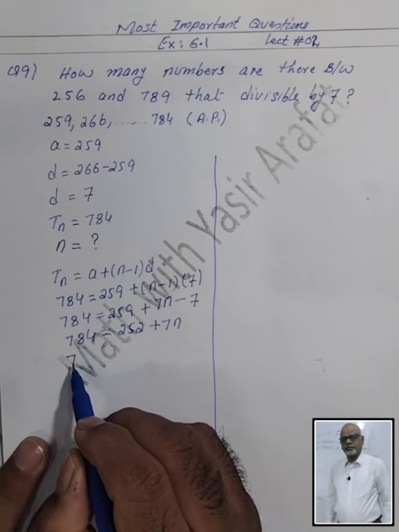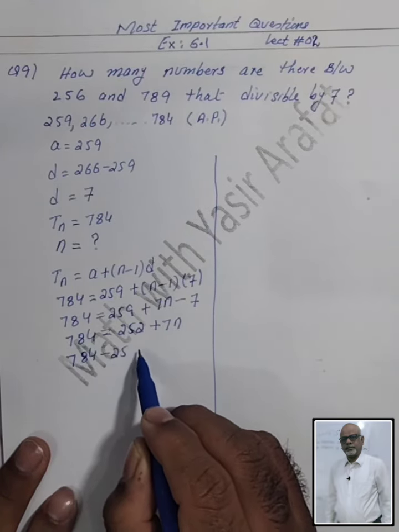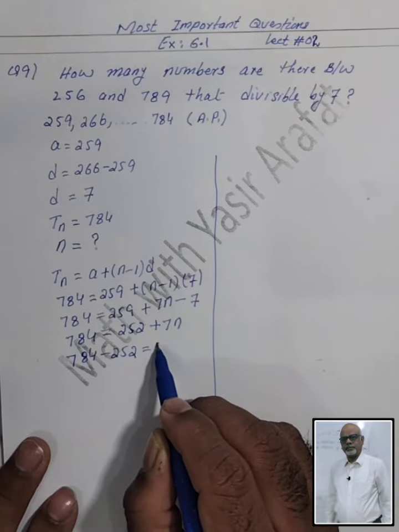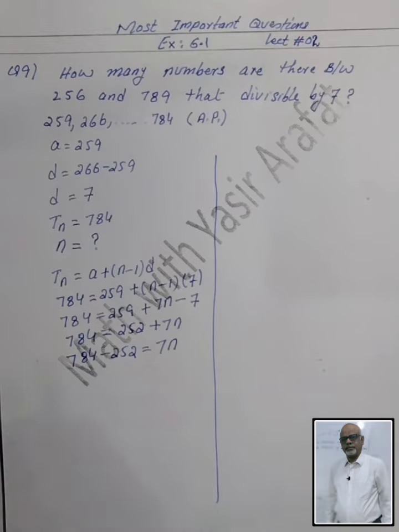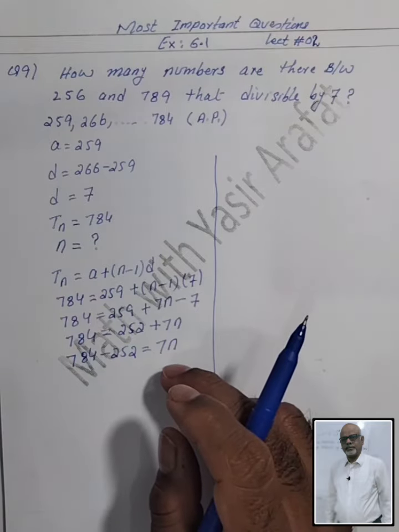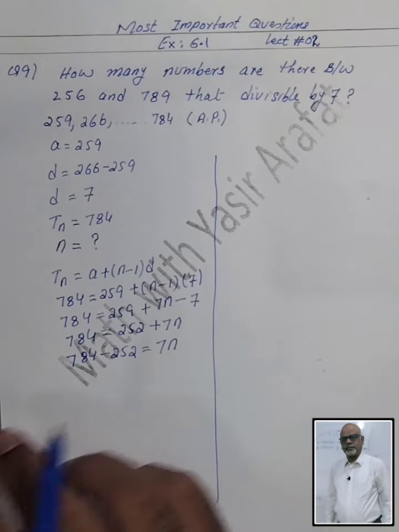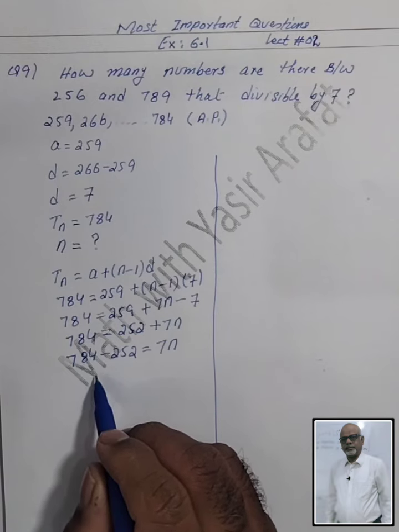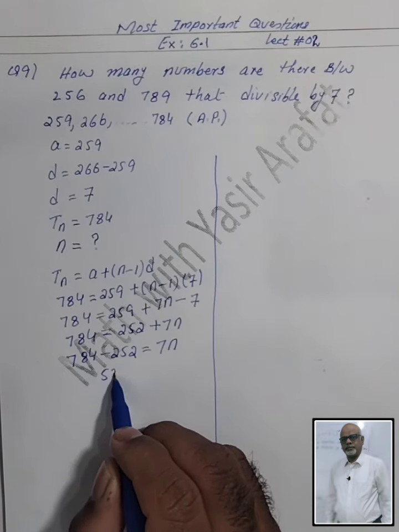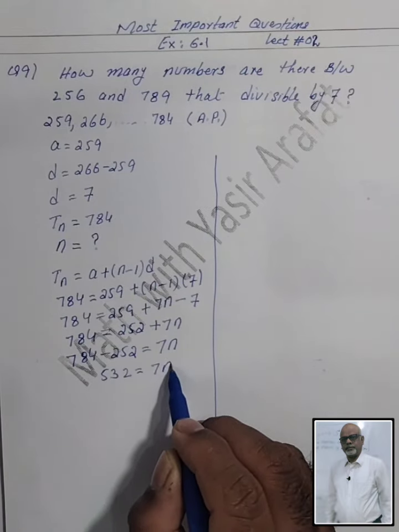So 784 minus 252 is equal to 7n. 784 minus 252 is 532, equal to 7n.